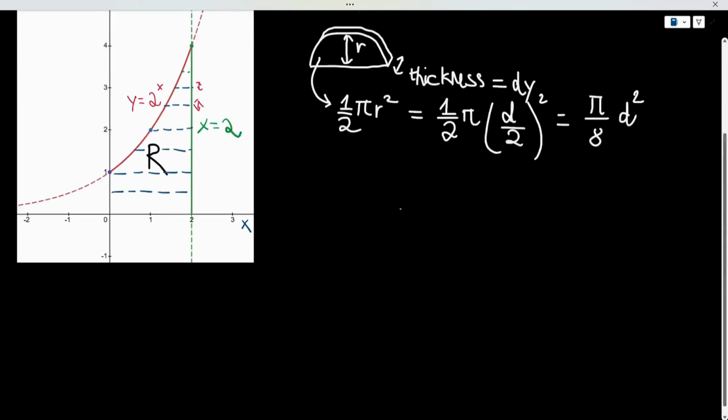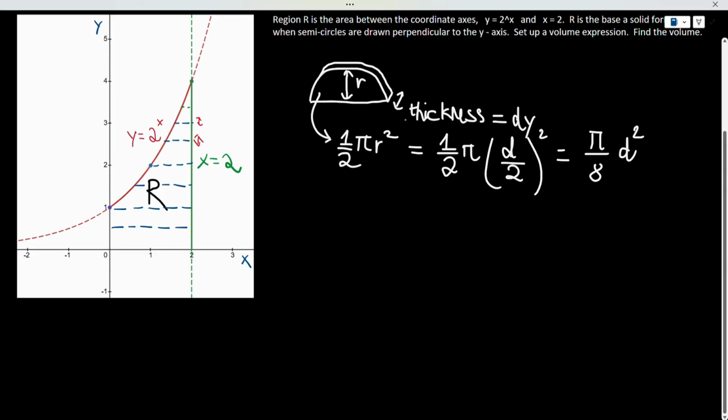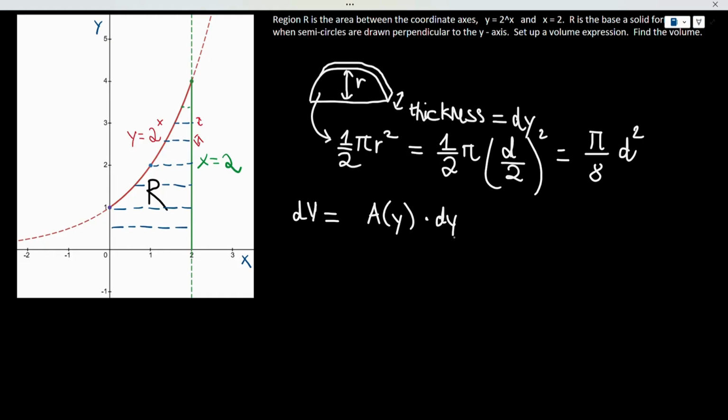So the volume of this really thin slice, I'm going to call it dV, equals A in terms of y times dy. This is the area.